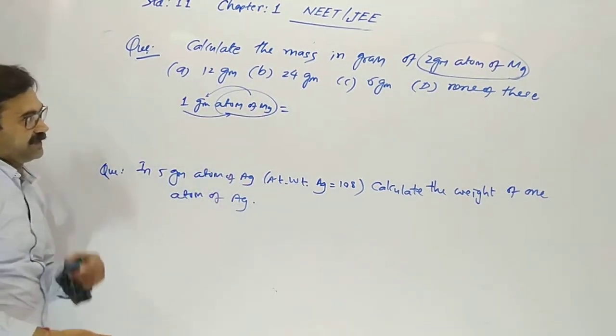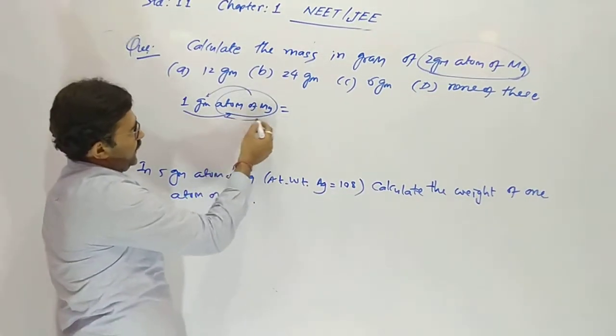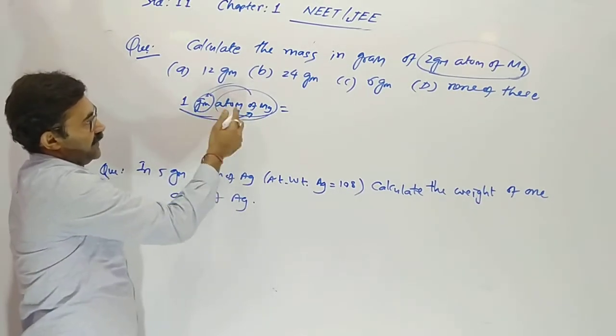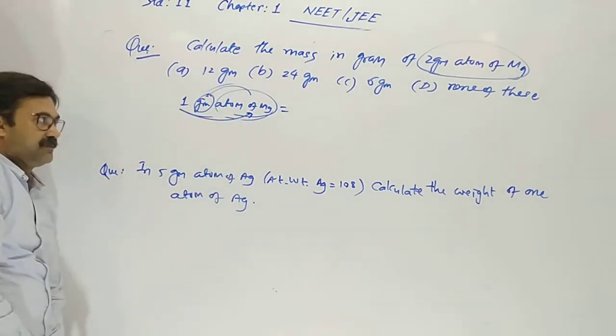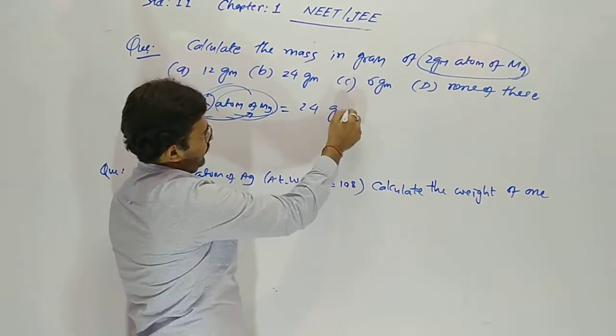So the mass of 1 mole of magnesium atoms is 24 gram.